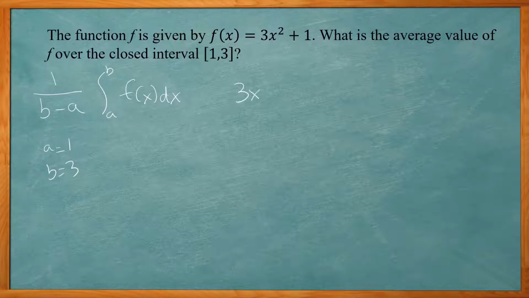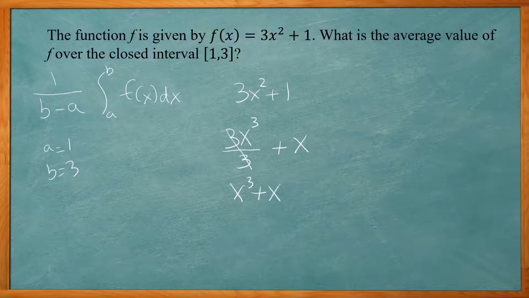So if we look at our function, 3x squared plus 1, to find the integral, I'm going to move the exponent up to 3 and divide by that value. Same here, 1 becomes x. And here 3 divided by 3 is just 1, so x to the 3rd plus x will be our integral.